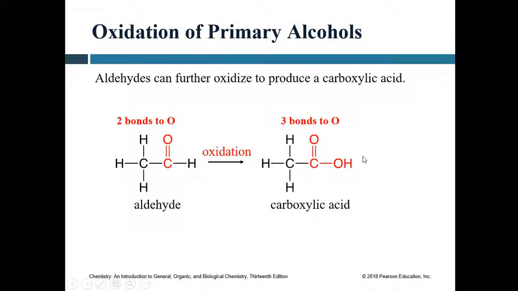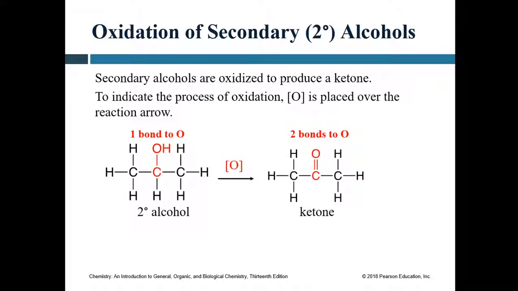Now you might ask, what's a carboxylic acid? A carboxylic acid has the functional group of a carbonyl group with an OH. The OH is not an alcohol here. When the OH is attached to the carbon of a carbonyl group, that functional group is called a carboxylic acid, and it has its own special properties.